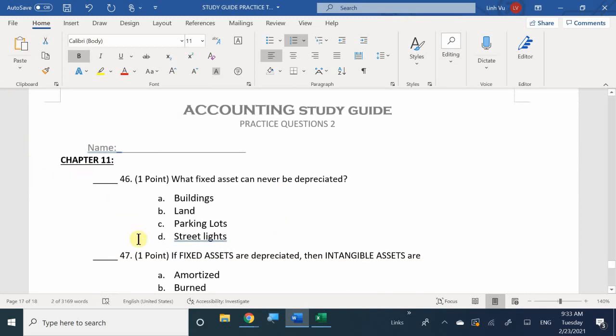All right, now we're moving on to chapter 11 territory. Yay. Okay, so question number 46. What fixed assets can never be depreciated? Land. Okay? So in this case, land can never be depreciated. Buildings are part of your plant. Parking lots are part of your property.